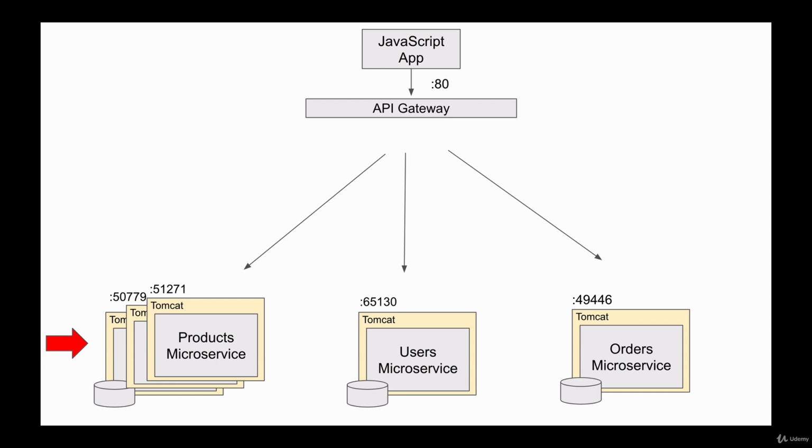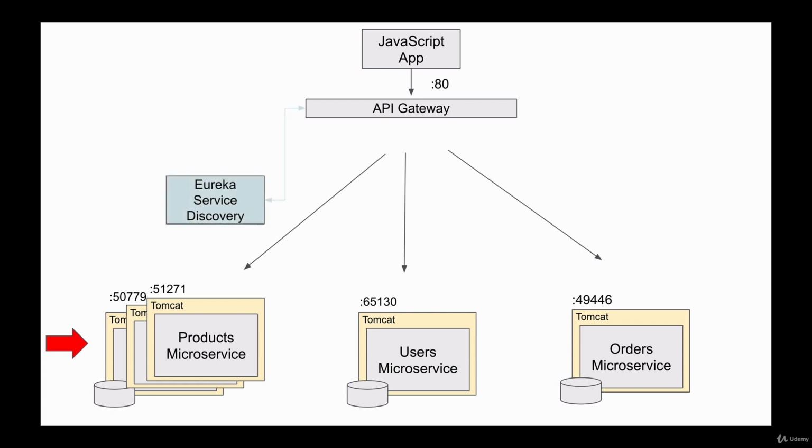But how does API Gateway know the location of each microservice if their port numbers are random and dynamic? Every time a new instance of a microservice starts up, it will start on a new port number. Do we hard code that new port number in API Gateway? And the answer is no.